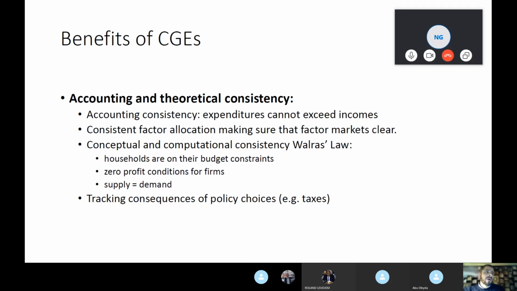And this helps us have a conceptual and computational consistency through the Walras law. I'm not sure if you're familiar with the Walras law or not, but Leon Walras, when he developed the theory of general equilibrium, one of his most important findings is that if we have n markets and n-1 markets are in equilibrium, this last market will also be in equilibrium.